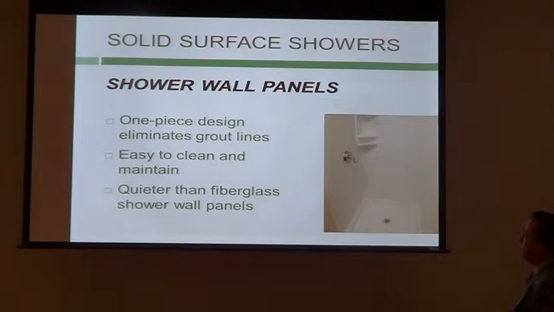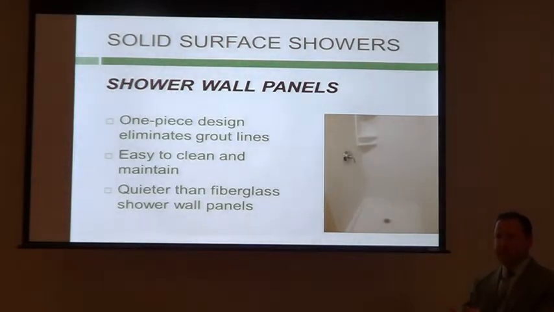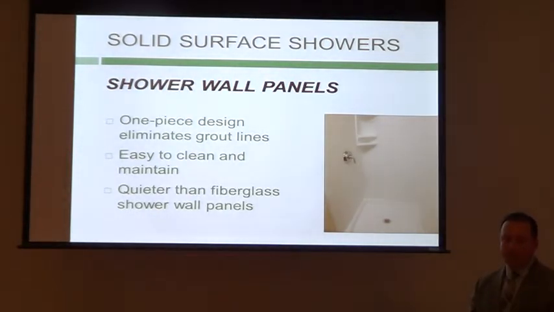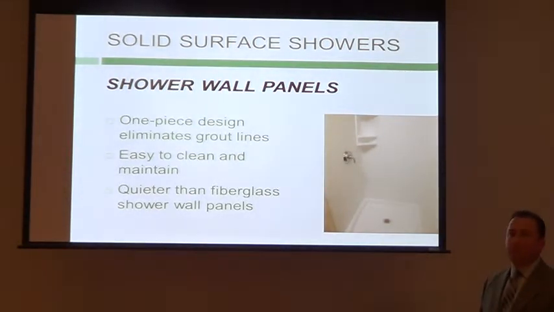So again, a solid surface shower wall, one-piece design eliminates grout lines. So here's the biggest takeaway. We all love tile. It's been in our shower industry for decades. Beautiful things you can do with tile. Let's just acknowledge that, set it aside. When I talk to facility managers, the number one problem with tile is the mold and mildew, and they can leak.